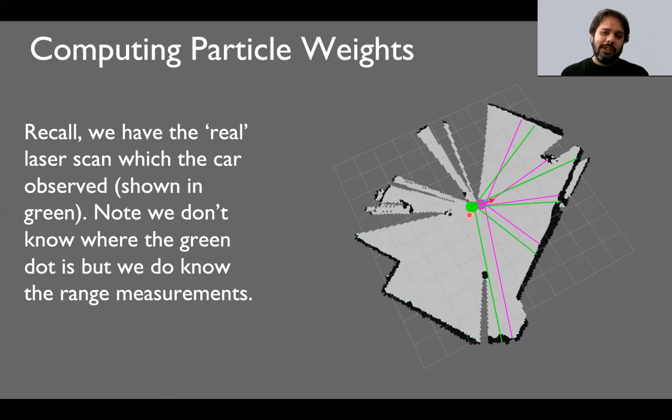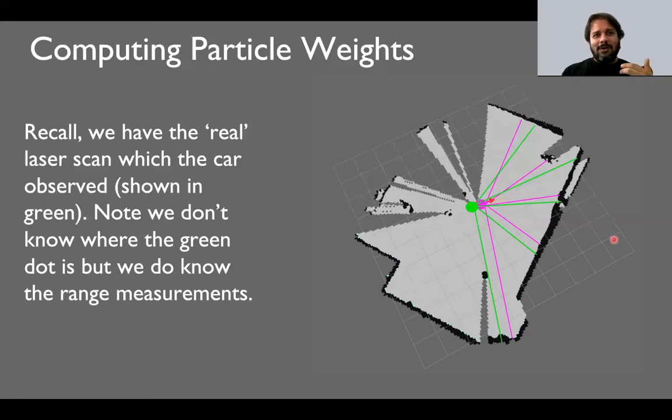So we don't know where the green dot is, assuming the green dot represents the car. But what we do know is the range measurements being reported by the LiDAR on the real car. So you have true range measurements from your sensor, and then you have these fake ray casting ranges that you are speculating you would have seen if this particle, or this pose, was a good estimate.